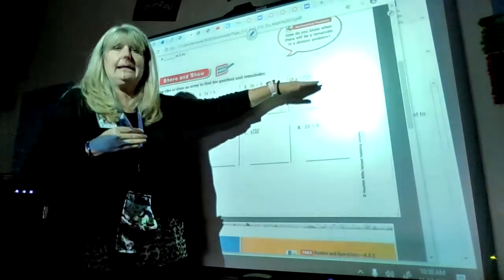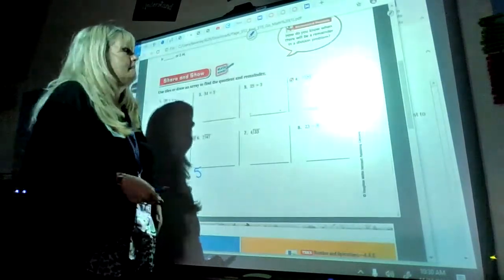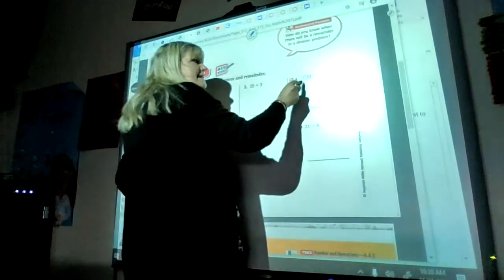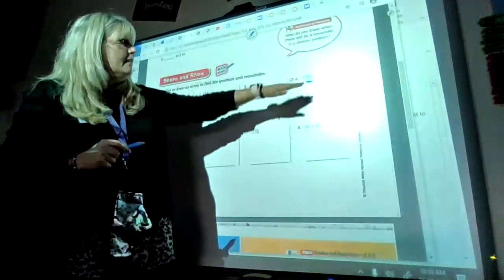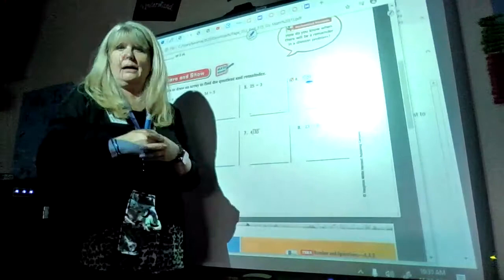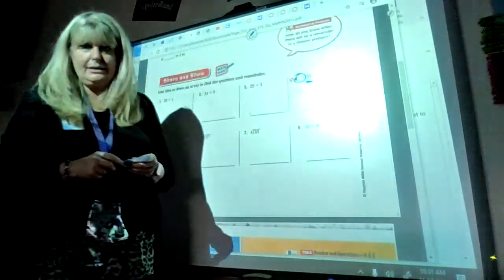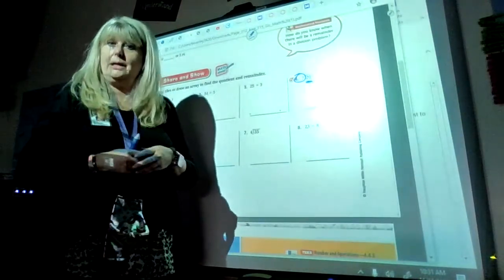This is basically in a division house. Kind of reminds me of maybe a dog house. I'm not sure. But this is a division house. So this is my dividend. That amount right there is what I'm dividing out. I'm dividing out 20. This right here is called the divisor, and it is how many I am putting into each group.